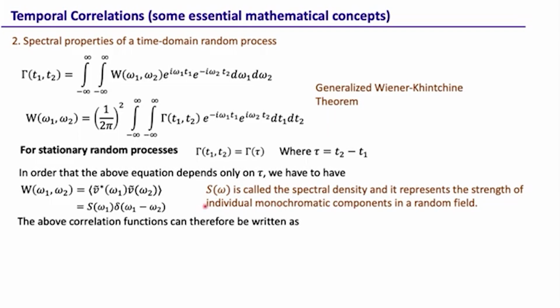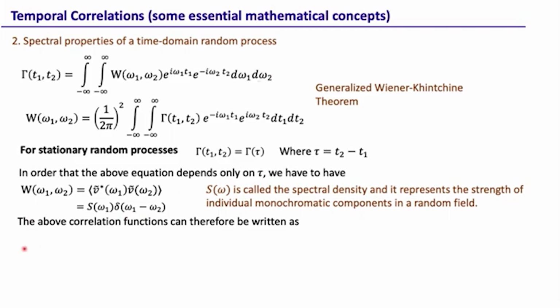So if it's a stationary random process, that is the form of gamma, and by default W has to take this form. Then we substitute this in here. There's a delta function, so we can integrate over one variable, omega2, to get rid of it.